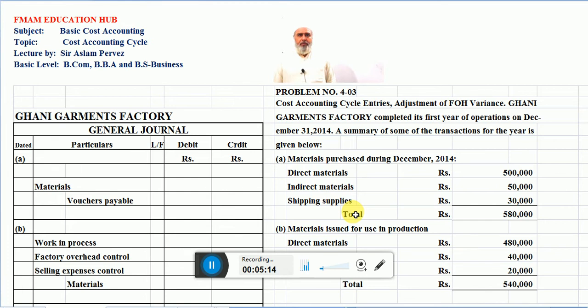Direct materials and indirect materials belong to the factory cost, but shipping supplies belong to the office, general ledger cost.